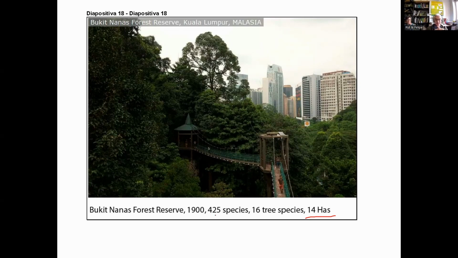You can find there 425 species of plants growing in the middle of the city, and 16 tropical trees also.